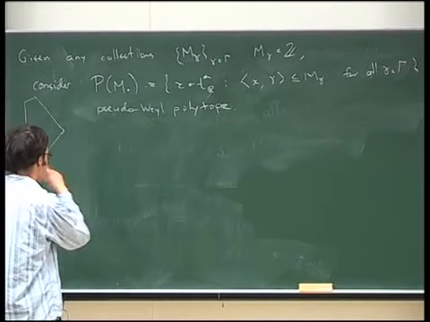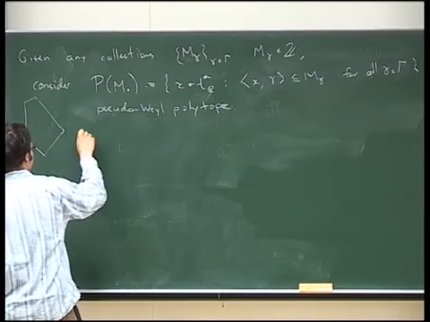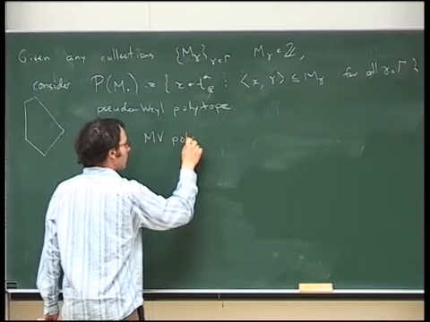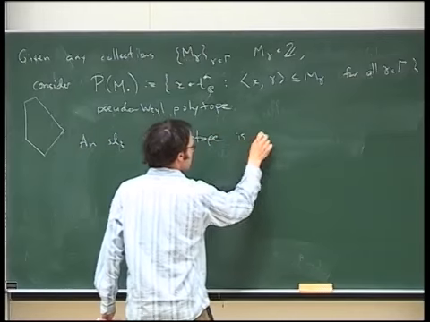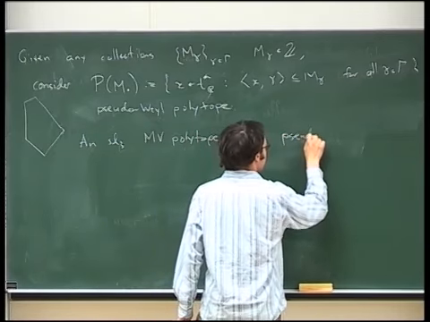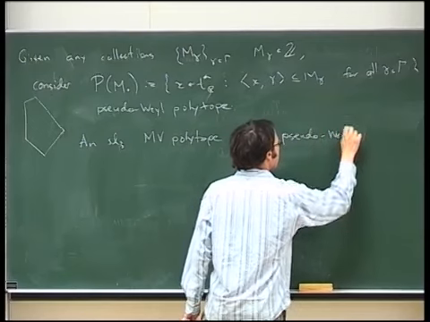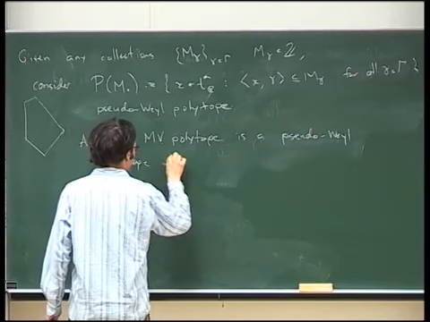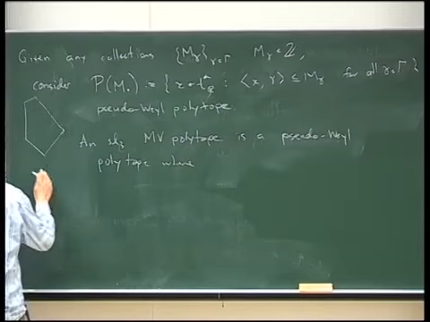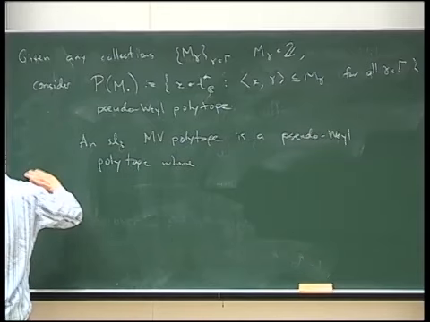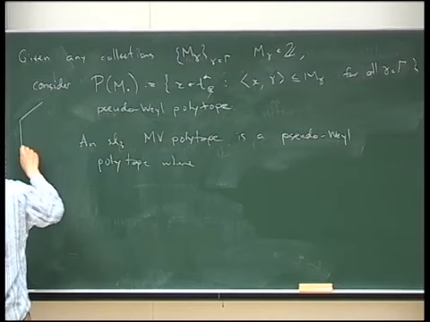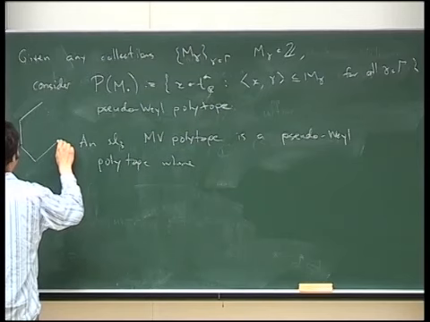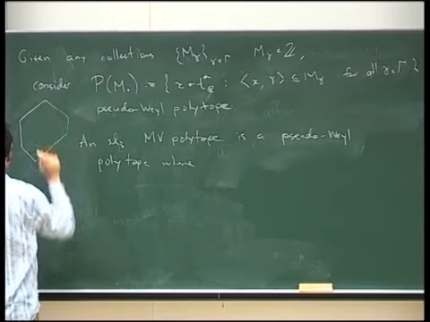So let's start with SL3 MV polytopes. An SL3 MV polytope is a pseudo-Weyl polytope where the following equality holds. So let me redraw my pseudo-Weyl polytope a little, I'll make it more regular looking. Like this.